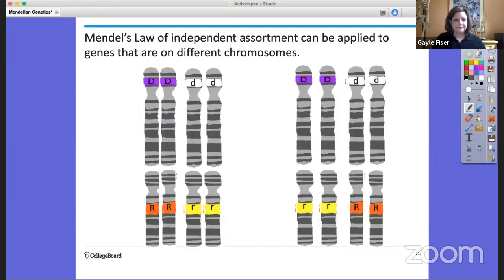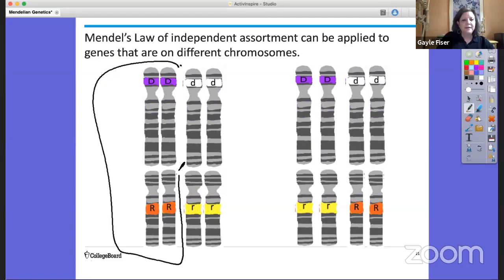All right. Okay, so now Mendel's law of independent assortment can be applied to genes that are on different chromosomes. So now I want you to imagine again, we're in a cell, and we are lined up in the middle at metaphase 1 of meiosis 1, at the metaphase plate, and we're going to then pull to the side and split into 2 cells.